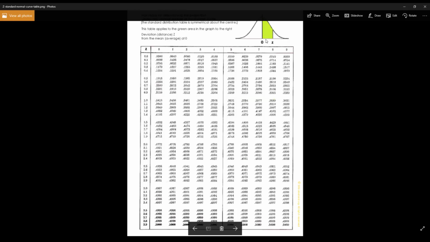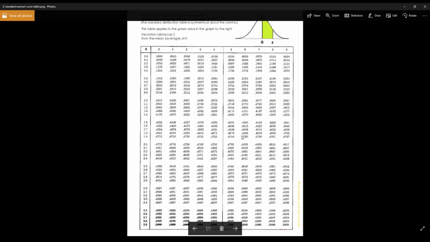So I want the z value that goes from 0 all the way up to 0.4750. In other words, what is the z for which 2.5% of the area under the standard normal distribution is to the right of that value?